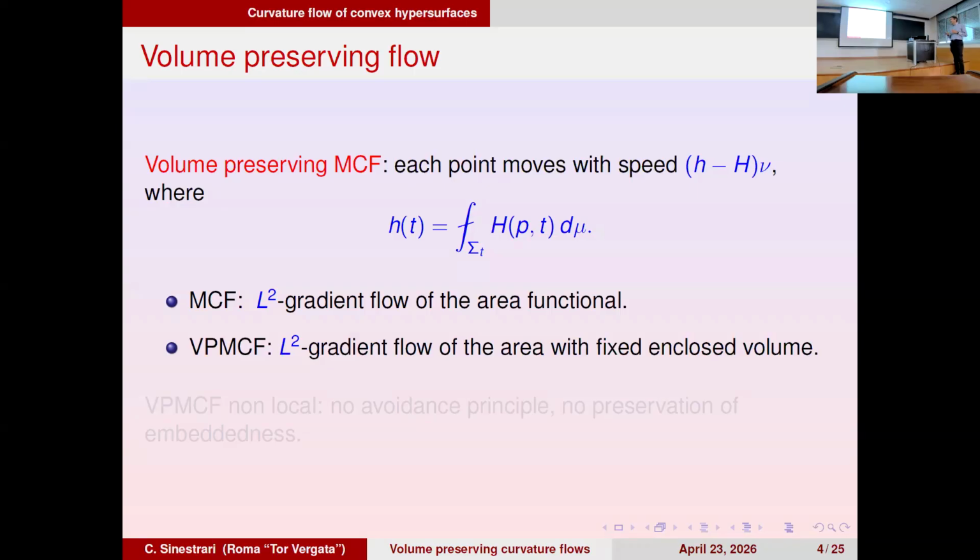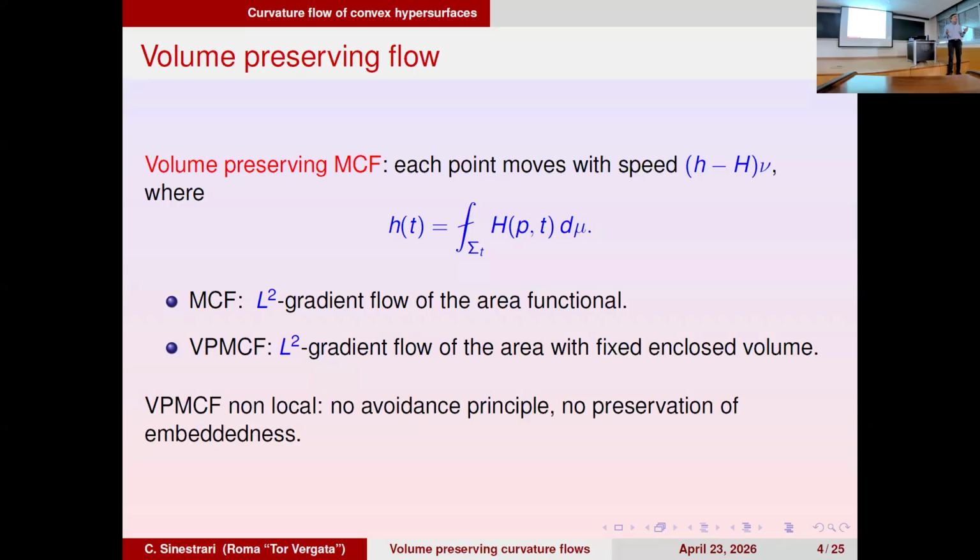And so on one hand, this may look nicer because it looks more stable, but you soon realize that the presence of this non-local term has some unpleasant features. For instance, the avoidance principle is no longer true, so two hypersurfaces which start separate do not necessarily remain disjoint during the flow. For a similar reason, an embedded hypersurface does not necessarily remain embedded.